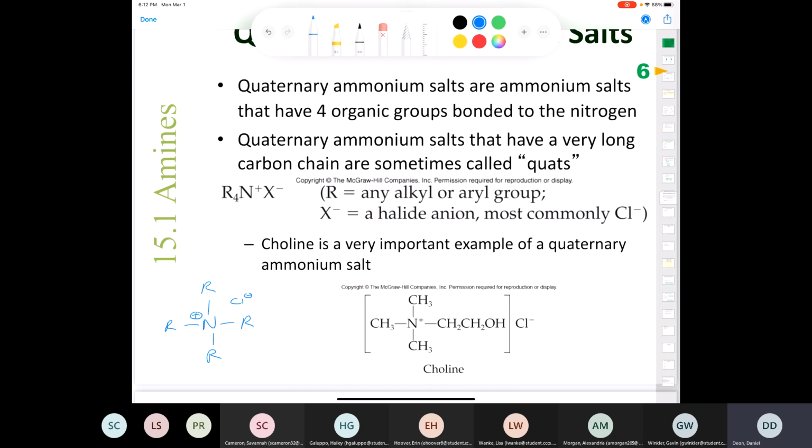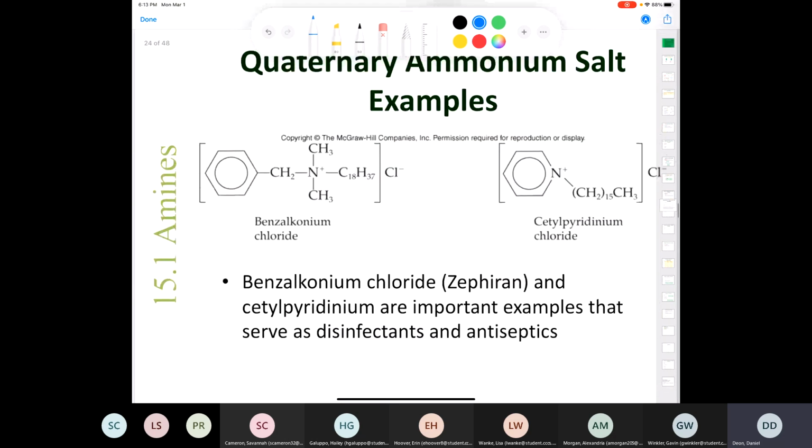Now, if you're wondering what's the significance, Mr. Dion, of a quaternary ammonium salt, okay, great, I have a nitrogen with 4 R groups. Wow, great, whoop-de-doo. Well, the cool thing about quaternary salts is they can be used as disinfectants and antiseptics. So that's about what I would ask you for that.